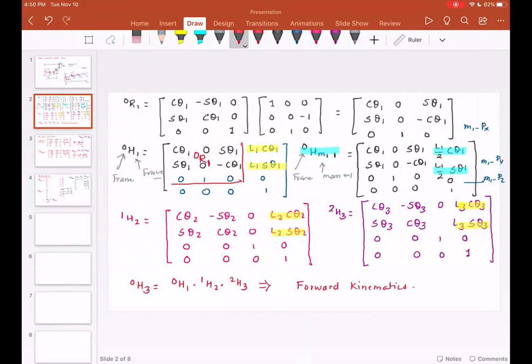This is 1R2. And this is 2R3. So you can grab these components of the matrices and you already have the rotation matrices.